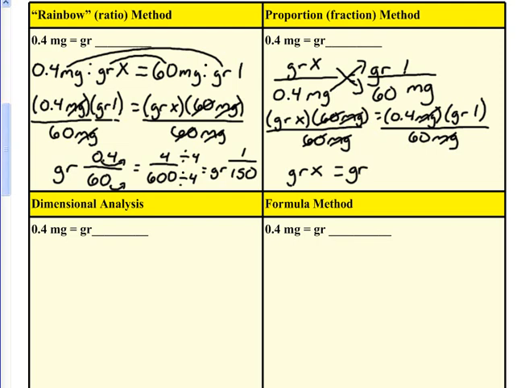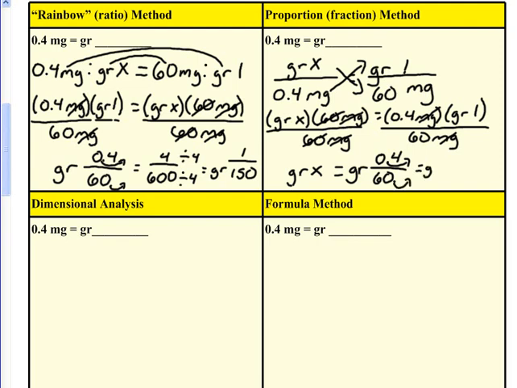We can multiply the top, giving us 0.4 times 1, 0.4, and place that over the number at the bottom, 60. We now have a fraction that has a decimal in the numerator. In order to get rid of that decimal, we need to move it one place to the right. However, whatever I do to the top, I must also do to the bottom.